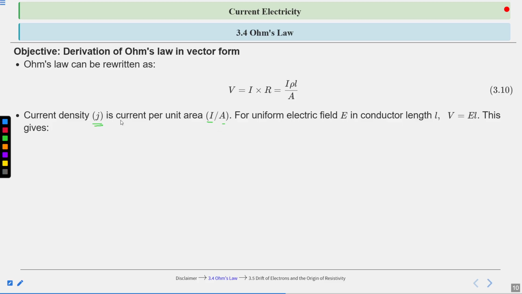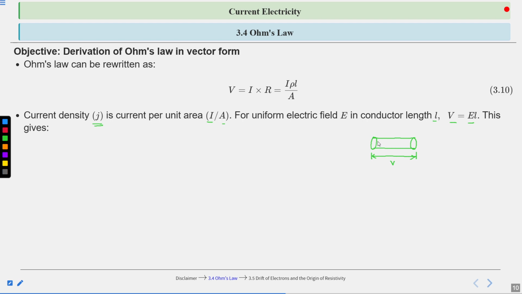So current density J, which is I upon A, for uniform electric field E in conductor length L, V equal to EL. Okay, we also know V equal to EL. How? If this is a cylindrical conductor, across both its ends we have maintained the potential difference of V with some external source.